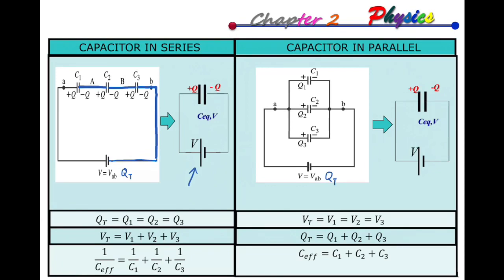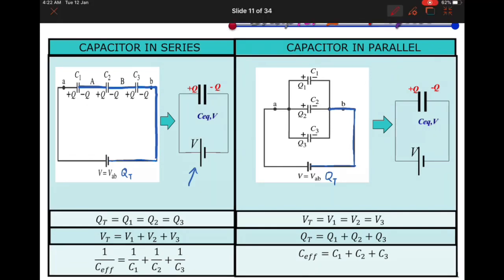So let's try to do the same thing as we did for the capacitors in series. Electrons will flow out from the negative terminal of the battery, moving throughout the circuit, and then it will reach this junction here. And what happens is that the charges will split off. From here, charges will go to C3, and this will flow here, and this will flow here.